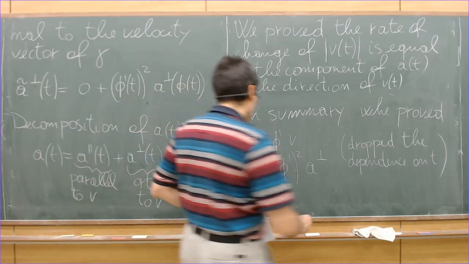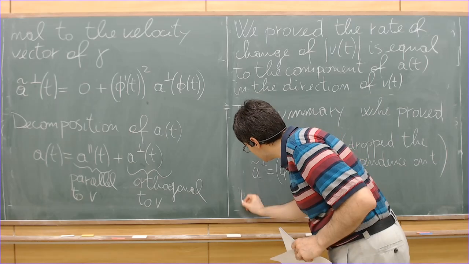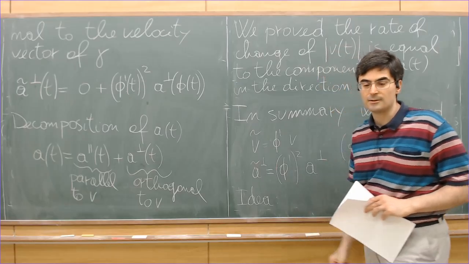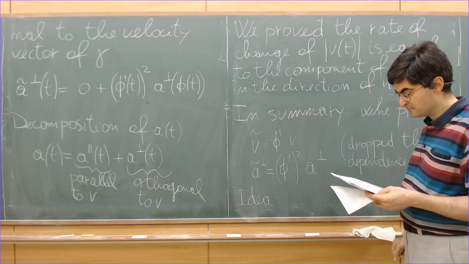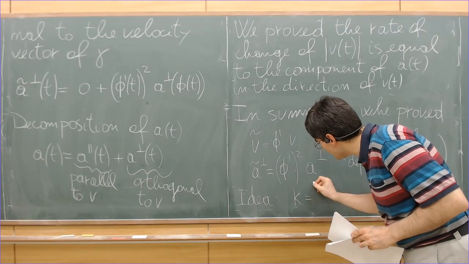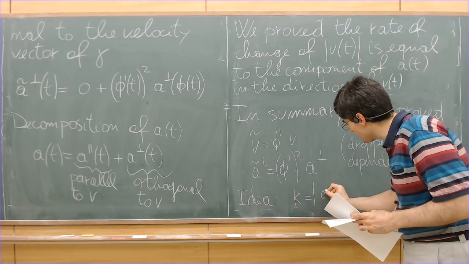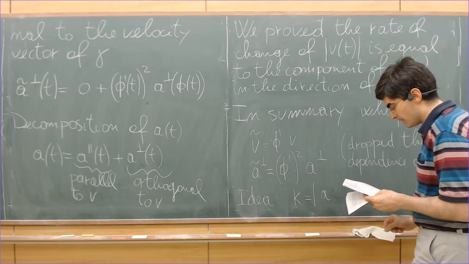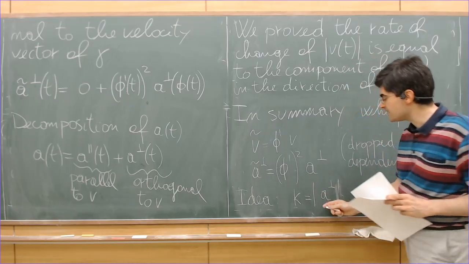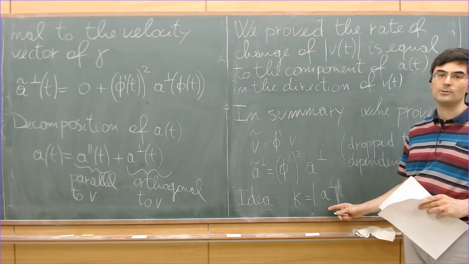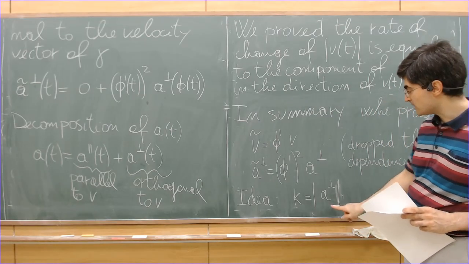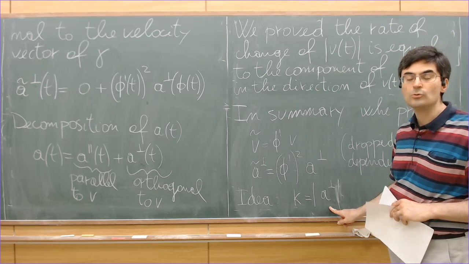A first idea for defining the curvature function could be to try with k equal to the length of A orthogonal. This is what follows, at least intuitively, from the previous discussion. But this is not the good formula.